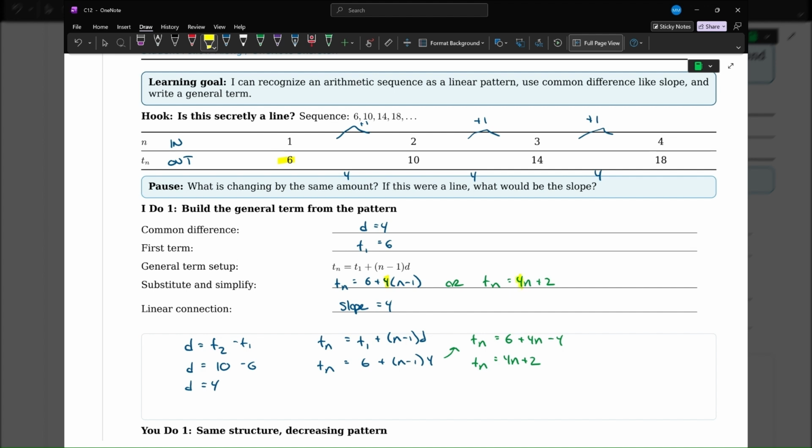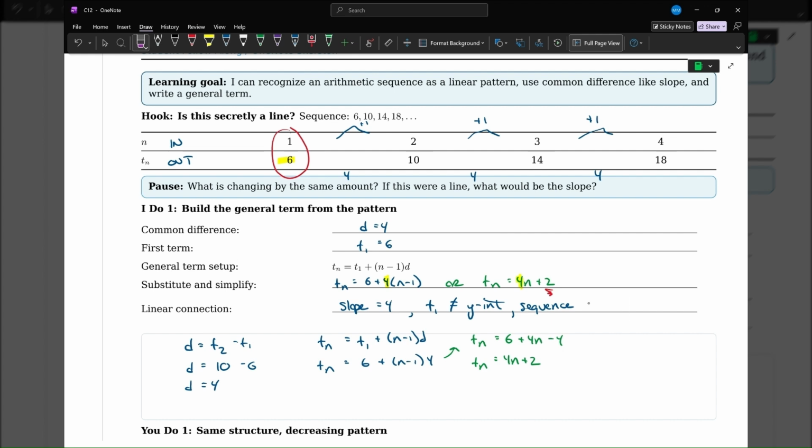So what's different? First, this first term is not the y-intercept. If this were a line, the y-intercept is going to be 2. So T1 is not the y-intercept. That's a difference we have to watch. That just has to do with the way we count numbers. And for the sequence, we don't have continuous data, we have discrete data.